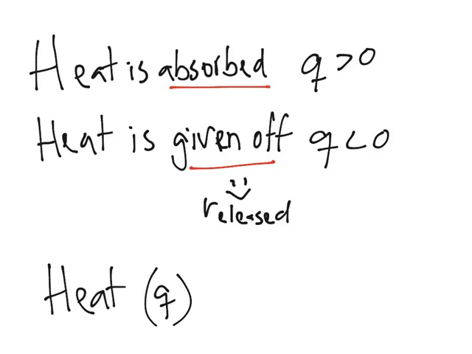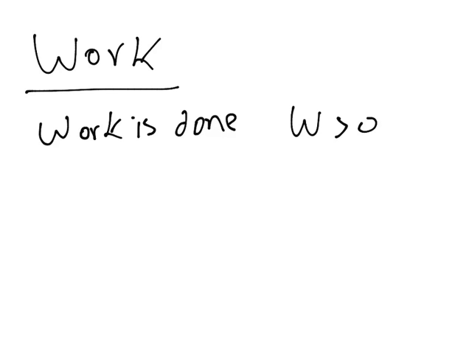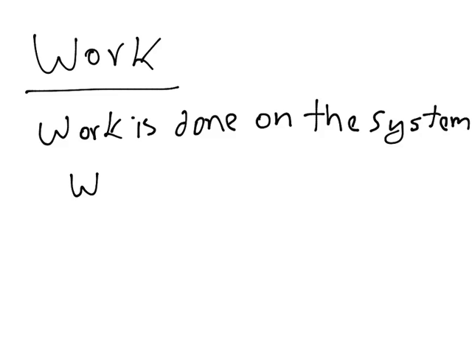We also said that in our formula we had work. So for work, let's see what the factors are. If work is done on the system, the work will be positive. So work is done, W will be positive. Actually, I should write the whole thing. If the work is done on the system, W is positive.